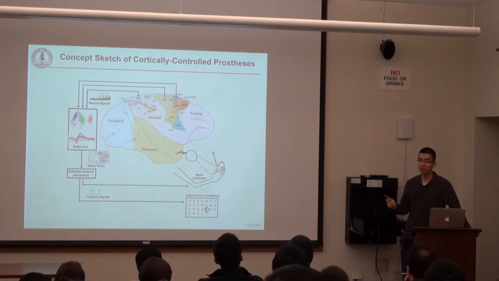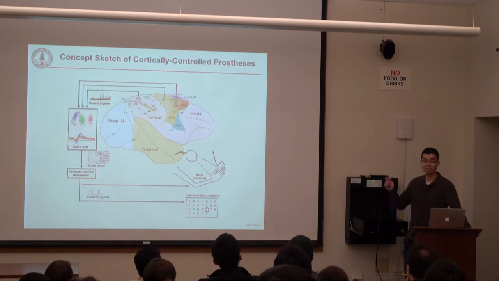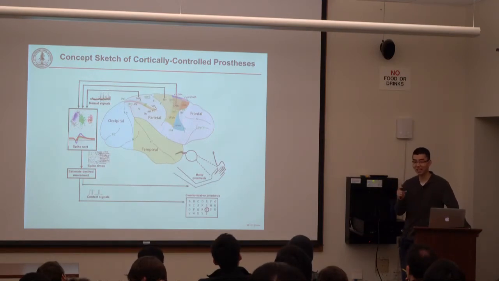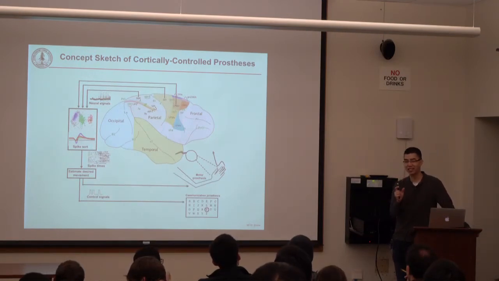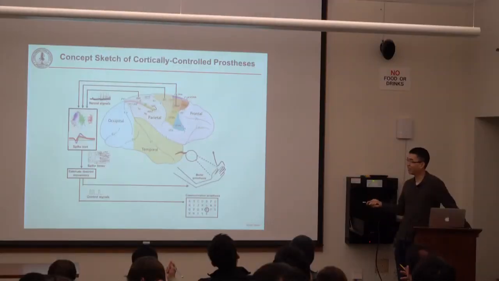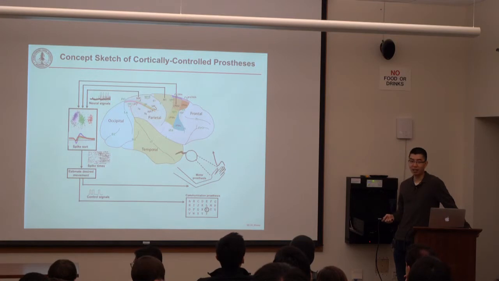So when we say closed loop, all we mean is that there is feedback, and that feedback results in a differing command. That loop could be closed in different ways depending on the subject. And then there are also interesting things with learning. So we'll talk about this more when we get to controlling computer cursors. But you could give the monkey a decoder that is not exactly random, but pseudo-random with random weights.